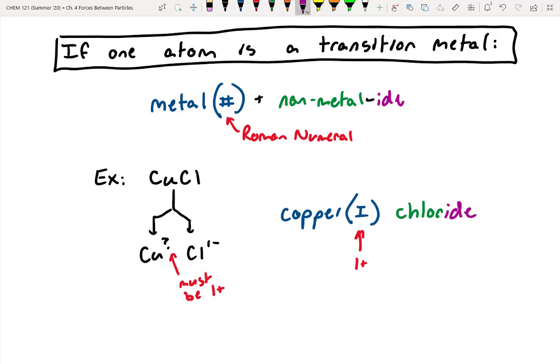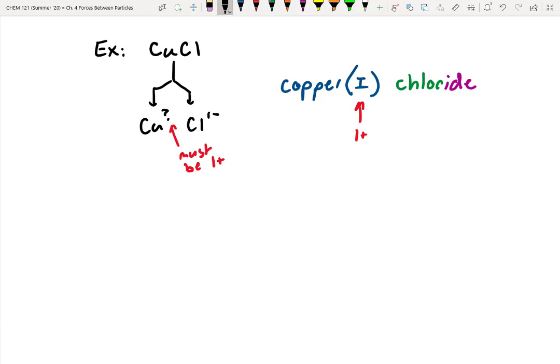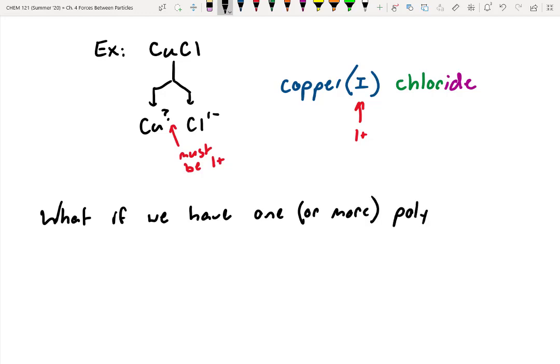So because copper is a transition metal, we have to include the charge as a Roman numeral following the metal name. All right, so the next one is, what about if we have one or more polyatomic ions?